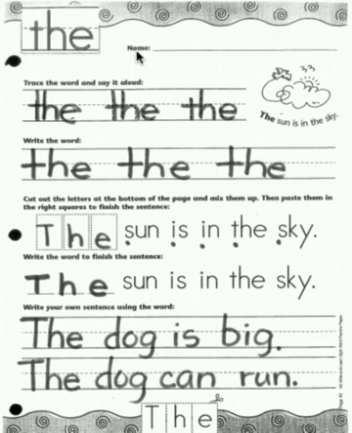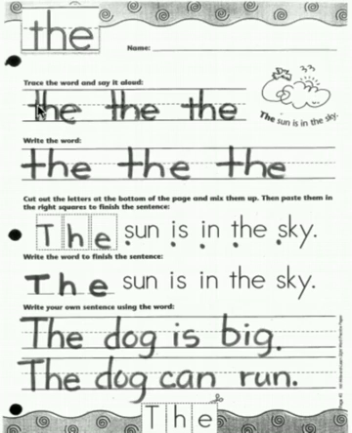But before we get started, let's go ahead and put our name here on this line as neat as possible. Then what I would like for you to do is trace the word and say it aloud. So you're going to trace the word the using all 3 lines. And as you write the word the, you're going to say it out loud.